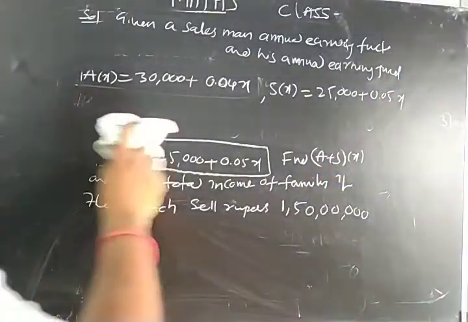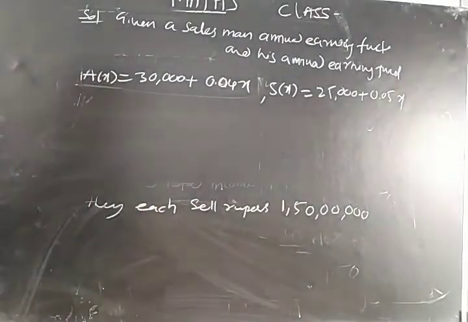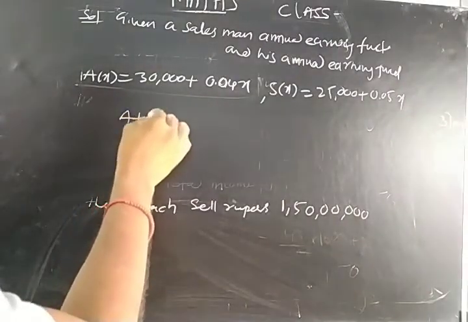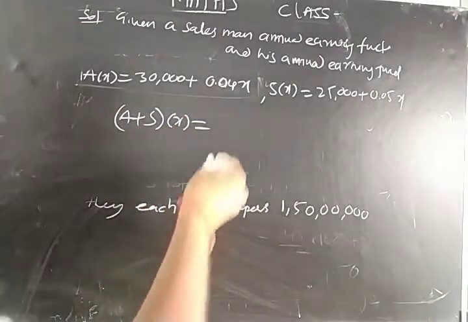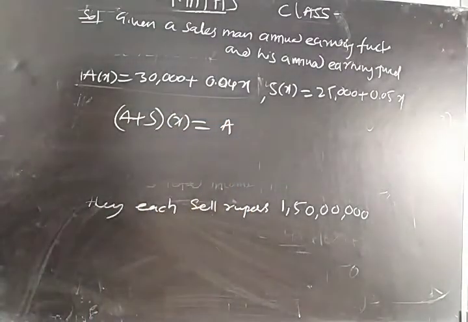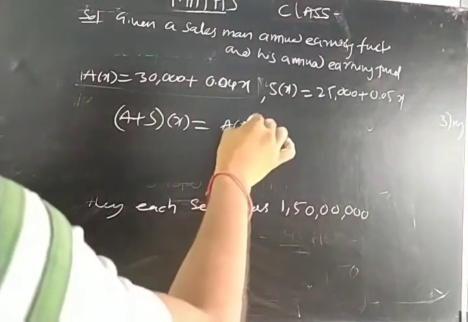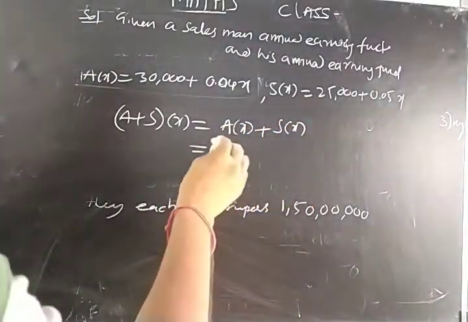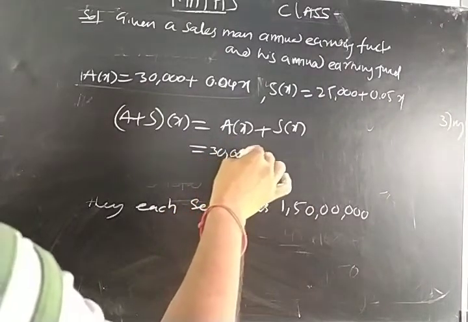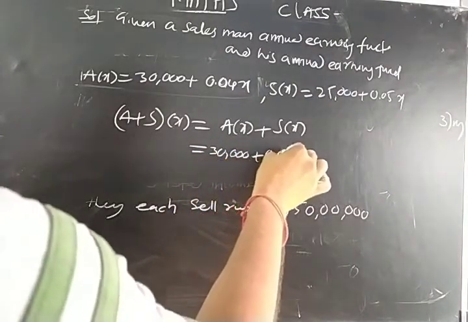Now we are going to find A plus S of X. So by using the functions' definition we can separate these two functions. A of x is 30,000 plus 0.04x.